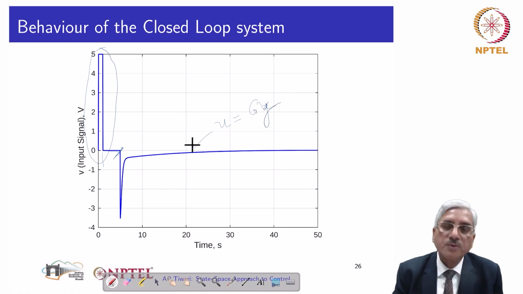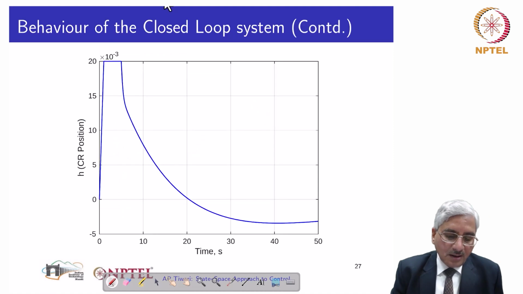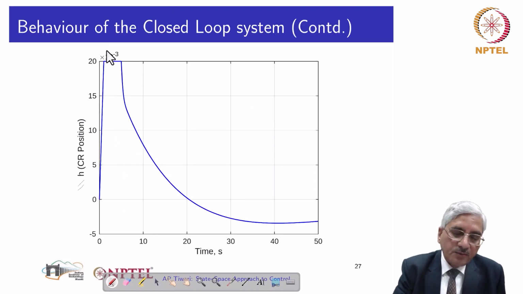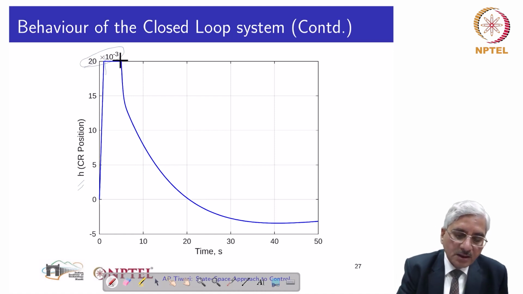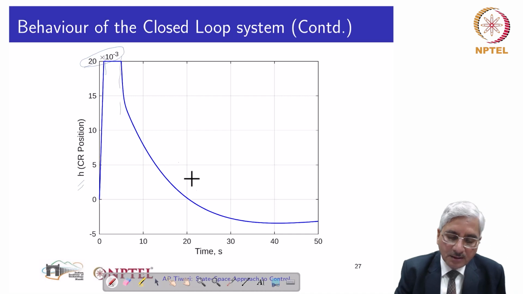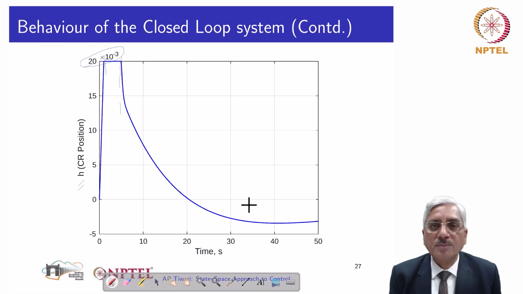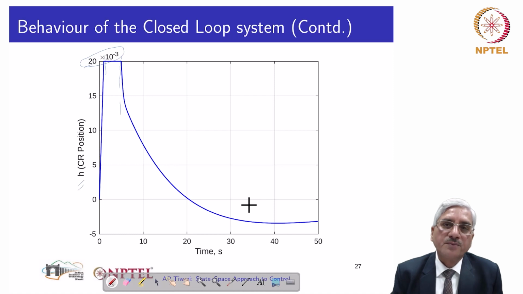This is how the input varied. This is the control rod position. Initially when voltage was constant 0.5 volt, the control rod traveled out by this small magnitude, 0.2%. It stayed there for 5 seconds and then it was maneuvered depending upon the control voltage, the feedback signal.